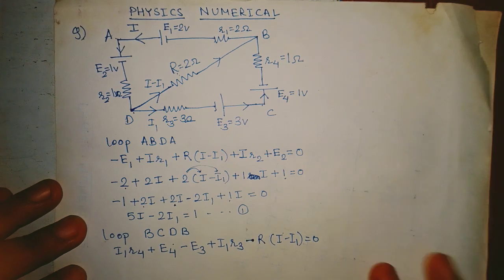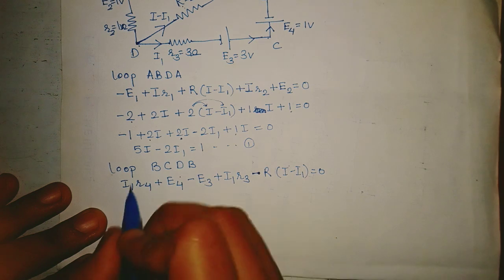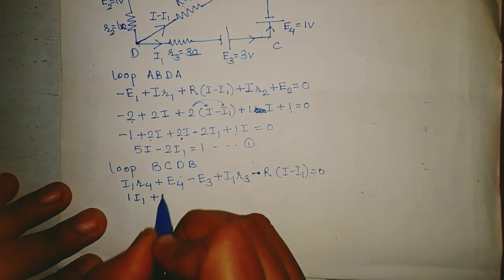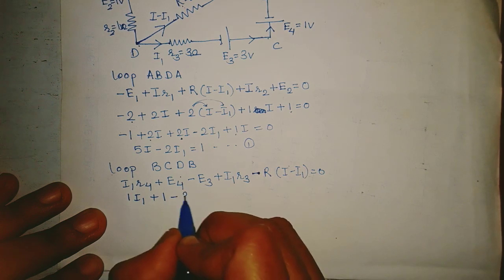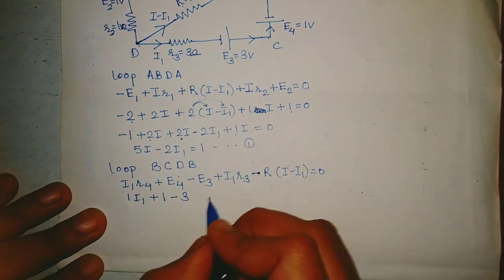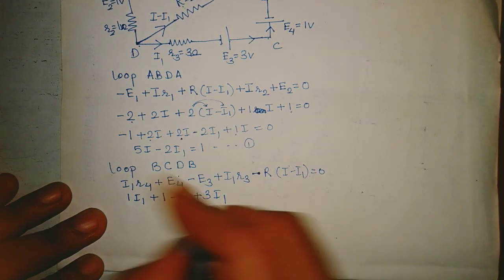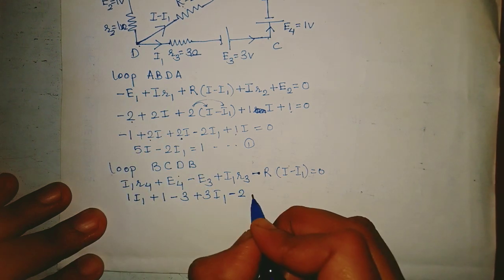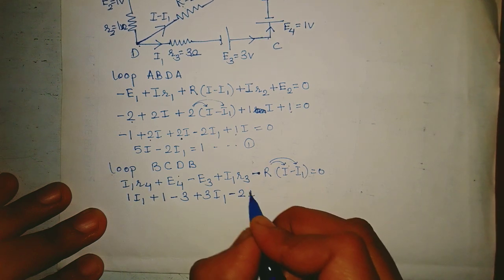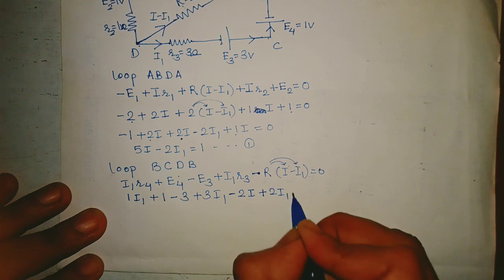Now putting values. R4 is 1, so 1 I1, E4 is also 1, E3 is 3, I1 R3, R3 is 3, and R is 2, and I'll multiply this here only. So 2I, negative into negative, this will be positive 2I1.